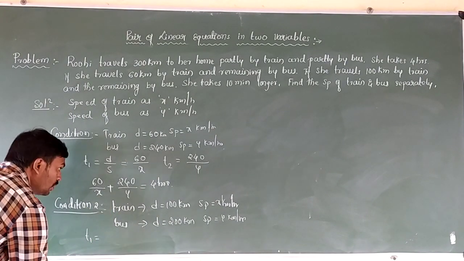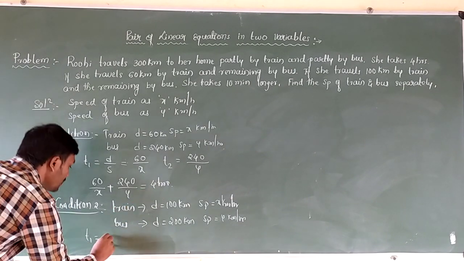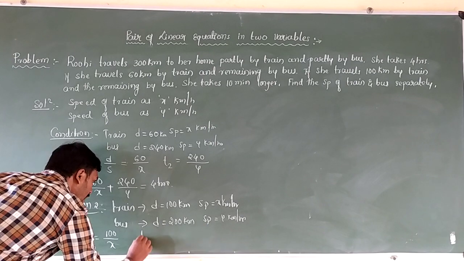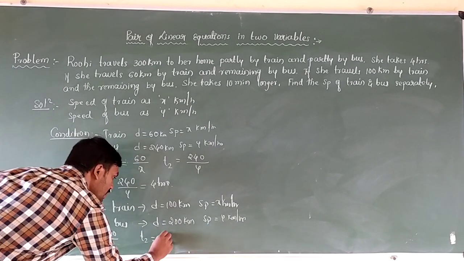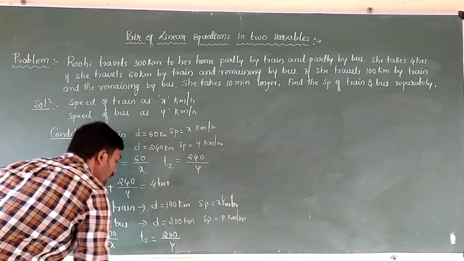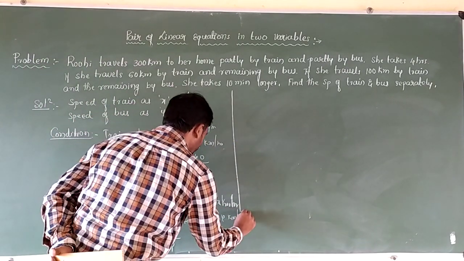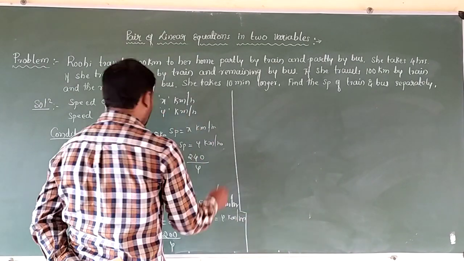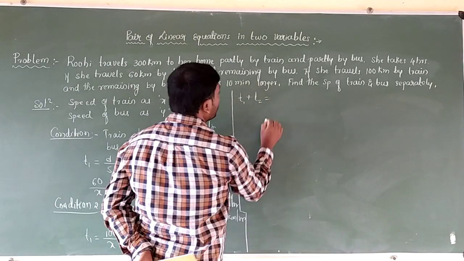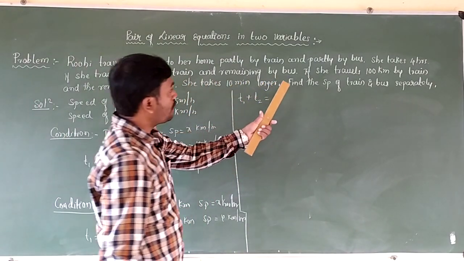So again there are 2 times here. T1 is equal to distance divided by speed. So distance is 100 kilometers, speed is x, and T2: distance is 200 kilometers and speed is y. Together, T1 plus T2, how much time are they going to take?